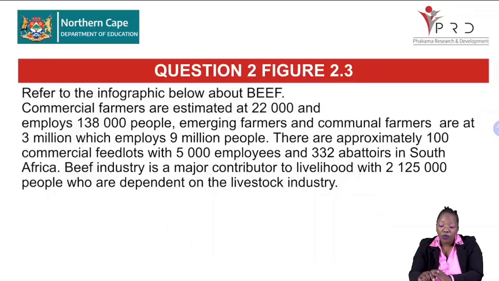There are approximately 100 commercial feedlots with 5,000 employees and 332 abattoirs in South Africa. The beef industry is a major contributor to livelihood, with 2,125 thousand people who are dependent on the livestock industry. So again, this is part of the infographic or the diagram for figure 2.3.